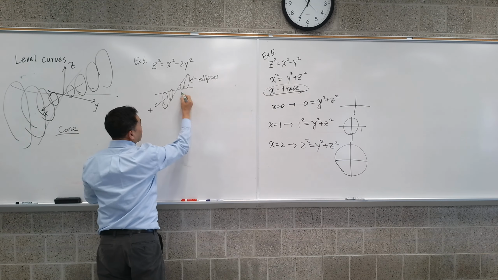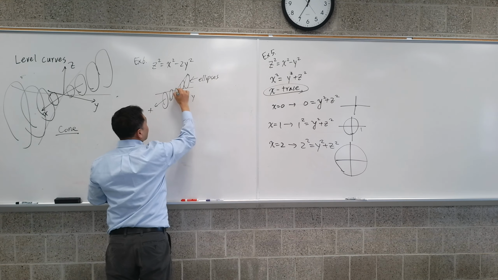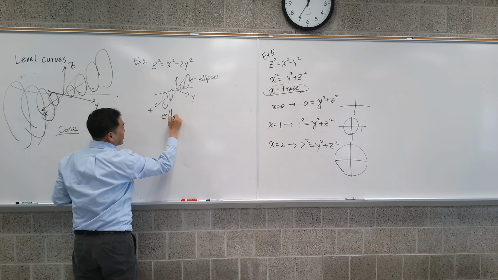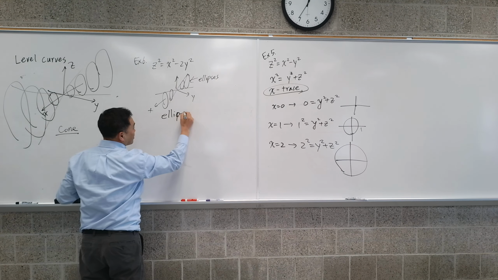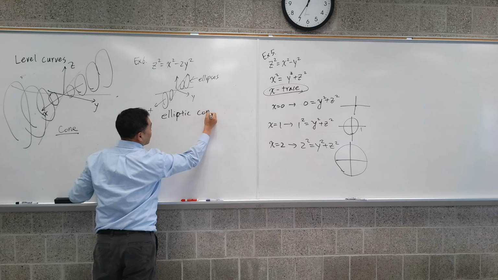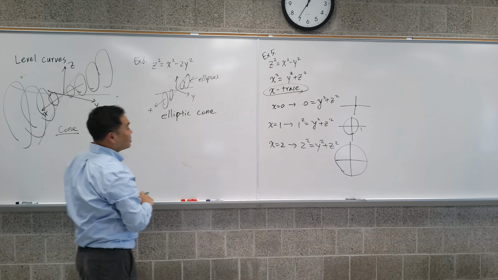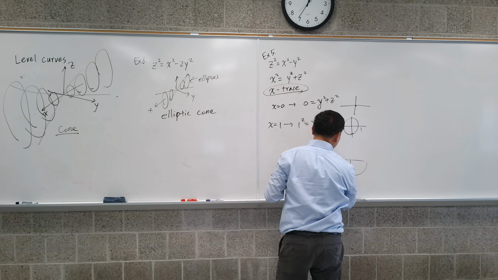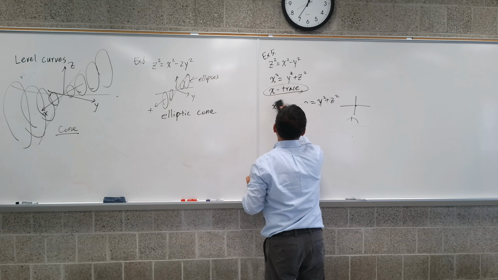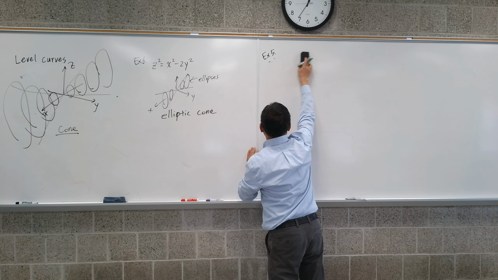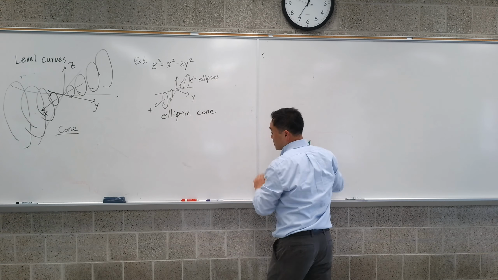Here's the x direction, here's the y direction. And that has the name elliptic cone. All right, so sorry, I'm going a little bit fast because I have less than 10 minutes. But here comes the last two of the types.